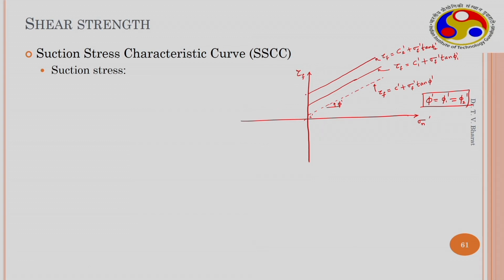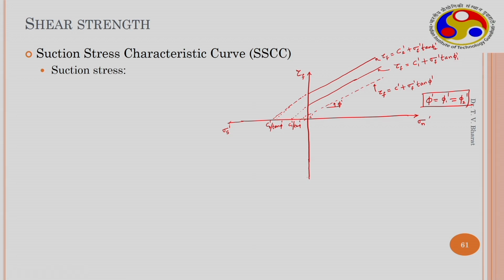When we extend these lines back onto the sigma n axis, back onto this negative axis, this negative axis is your tension. When you extend this, tau f is 0 at this particular point. Therefore, sigma s dash is C2 dash by tan phi dash, and here the point is C1 dash by tan phi dash, and here this point is C dash by tan phi dash.